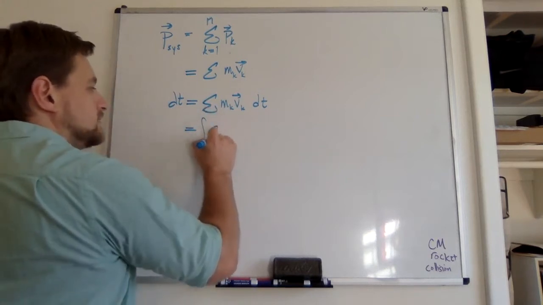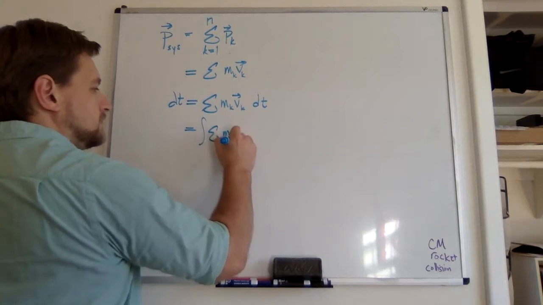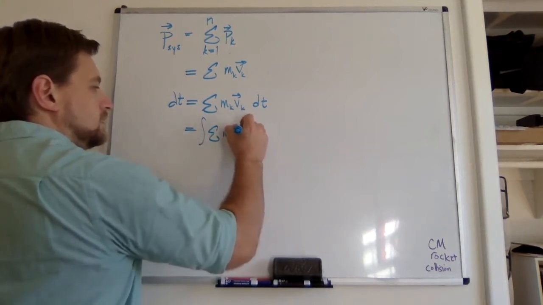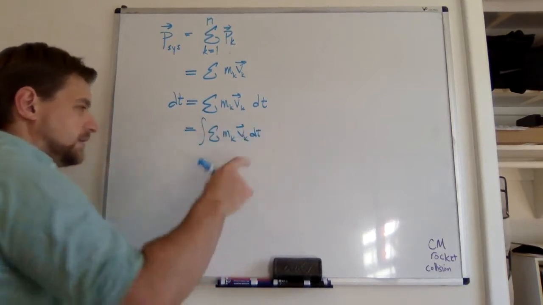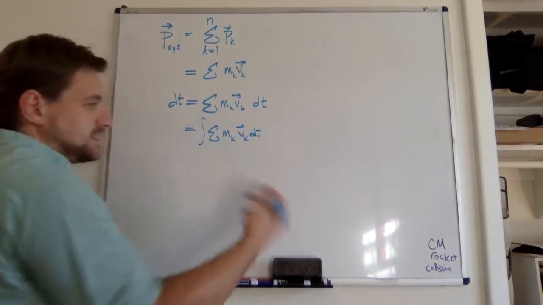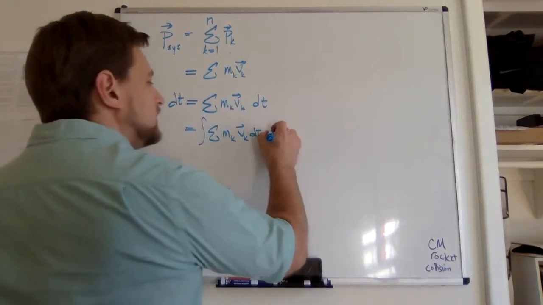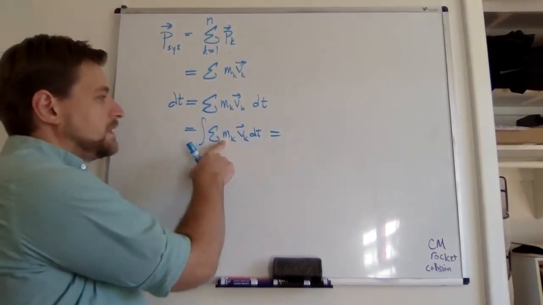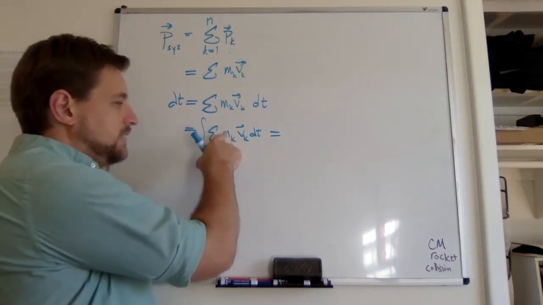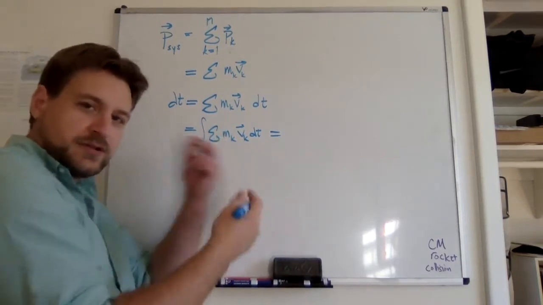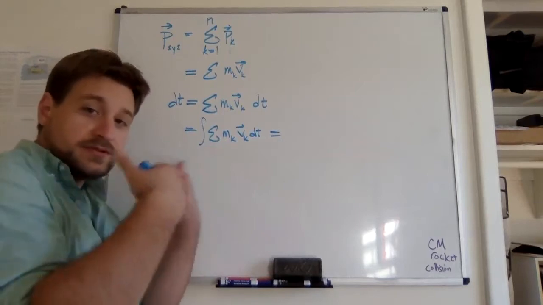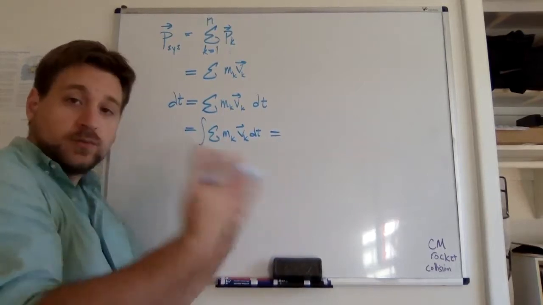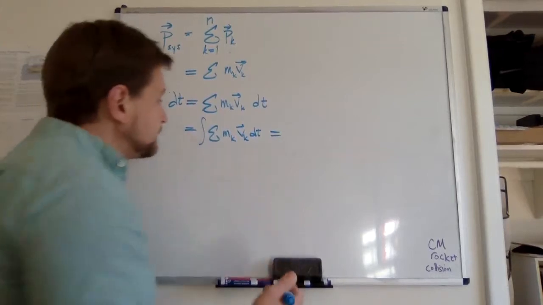Integrate the sum of m_k v_k dt. Okay, now the integral is itself a sum, and in each of the terms, m is constant, right? Whichever k, the kth mass is what it is. It's a constant number.